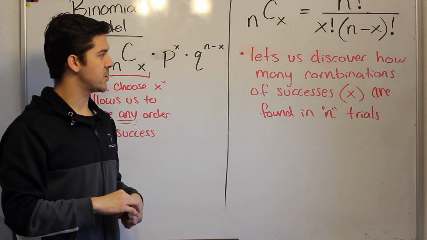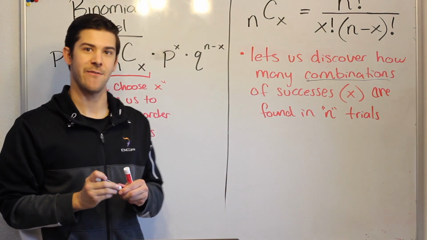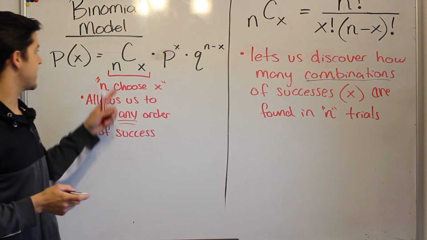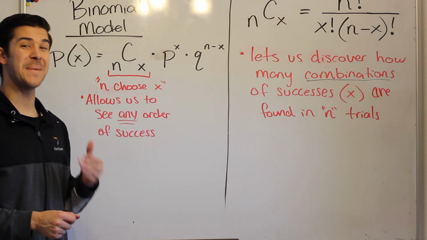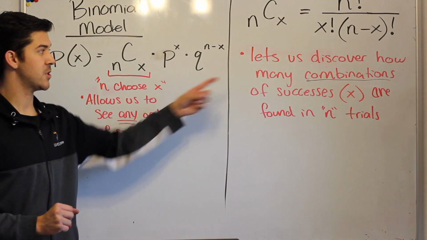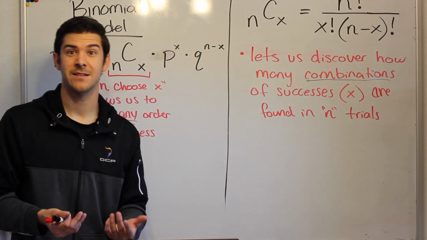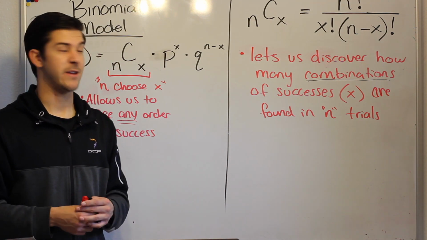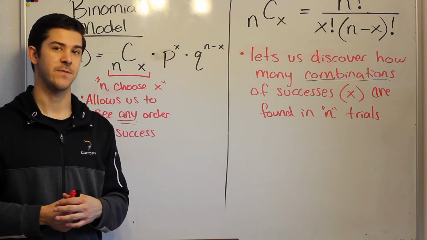So this equation lets us look at how many combinations of these successes we have. Remember, x in this case is the number of times we are going to succeed. P is the probability of us actually succeeding. So this shows us how many different combinations there are for me to make a basket out of 5 trials. If I wanted to make it 3 different times, there are plenty of different combinations for that.